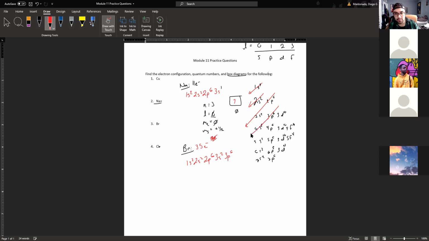4s2, that's 20. Dang it, I have to go underneath. 3d10, that's 10 more, so it's 20, 30. And then 4p6, right? That's my electron configuration.